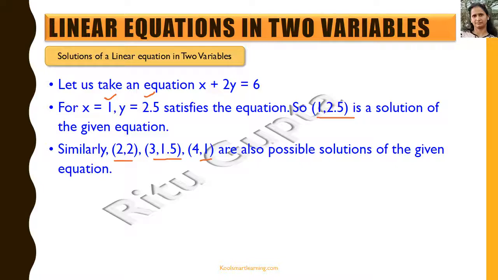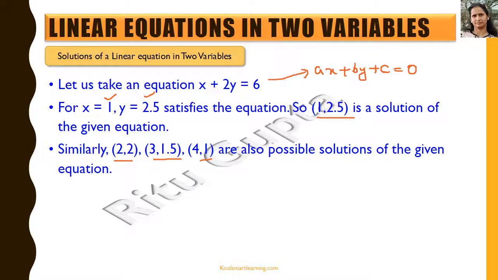Now another thing that we want to discuss here is: is the linear equation in two variables necessarily of the type ax plus by plus c equal to 0, and is there only one way of writing a given equation in this format?